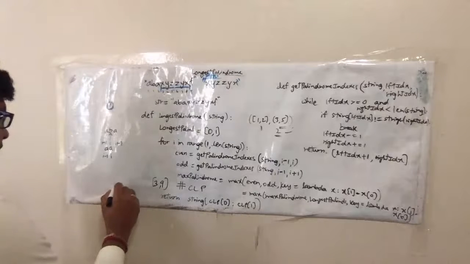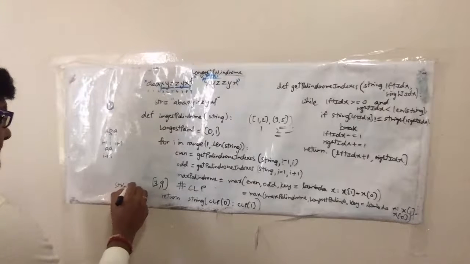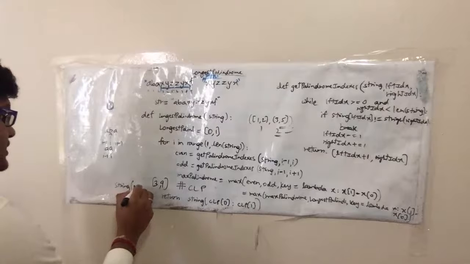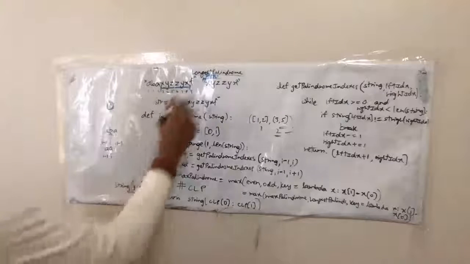So this becomes string of 3 to 9 for this given string.